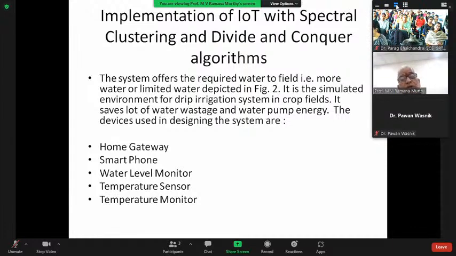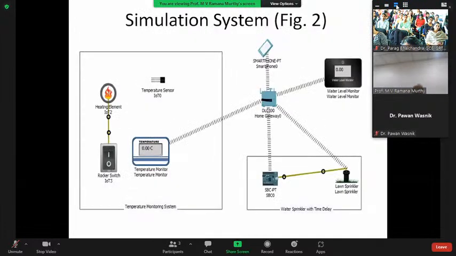The devices used in designing the system, as I already told you, are a gateway, a smartphone, water level monitoring, a temperature sensor, and a temperature monitor. This is basically the setup. If you look at it, we have a temperature monitoring system and a water switch. With the temperature monitoring system, I have one heating element, which senses the temperature and gives the reading.